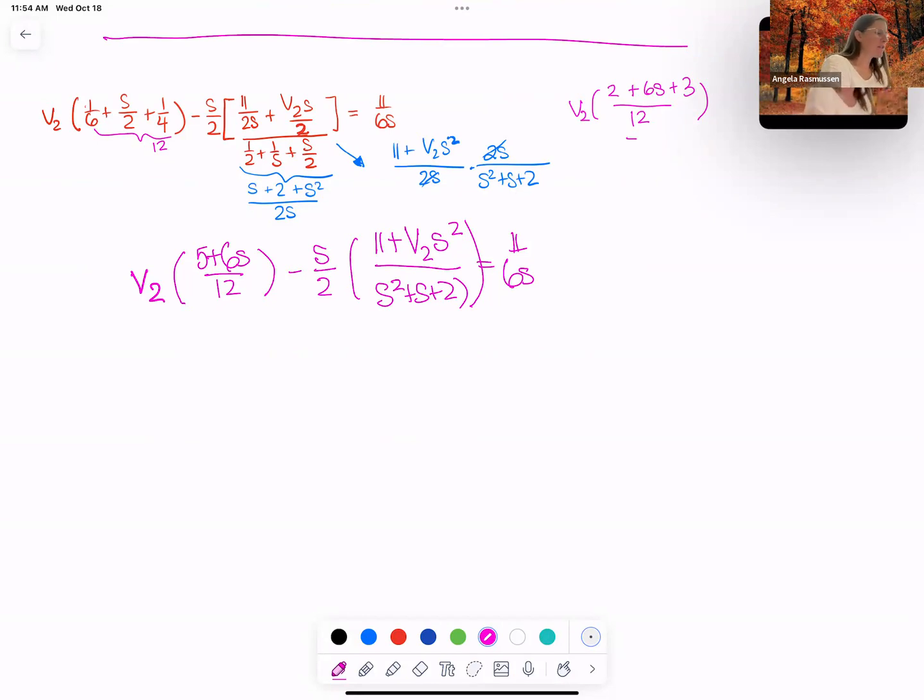And then this was 11 plus V2S squared to get an S on the bottom. And then this was 2S, which canceled those, S squared plus 2, S plus 2. Okay. And then again, you need to bring out, this is S.